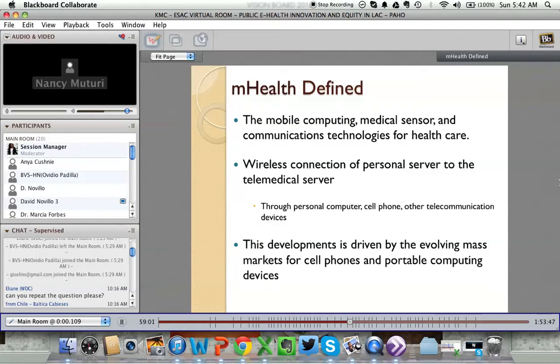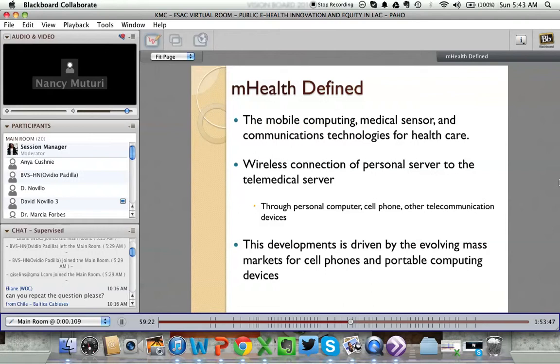However you use it, you're really communicating, getting in touch, and accessing information, and it could be at the personal level or also at the organizational level. So if a doctor is somewhere in the rural communities, they can connect to the main server at the hospital to access the patient records.